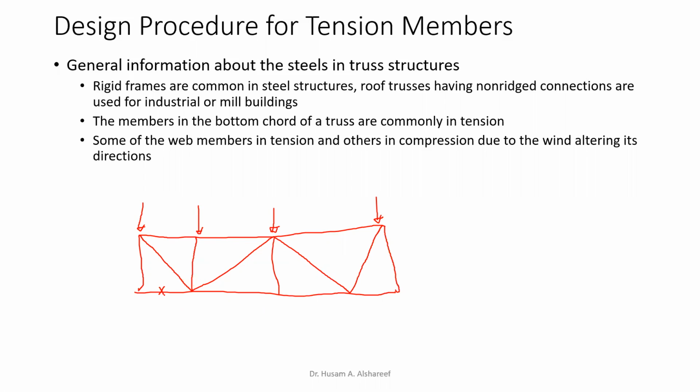Those chords here, the bottom chord, are in tension all the time due to the downward load. The vertical elements are sometimes in tension, sometimes in compression due to the alternations.